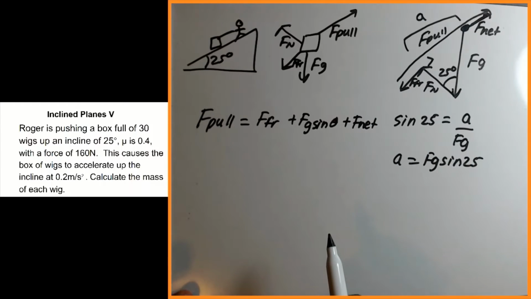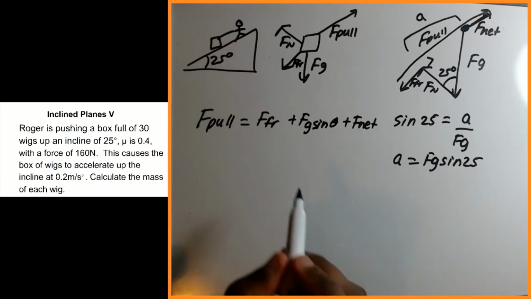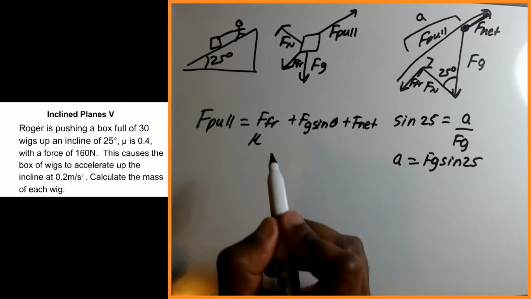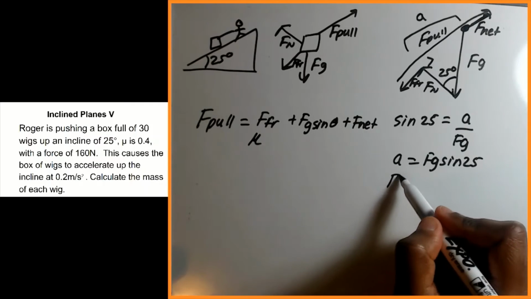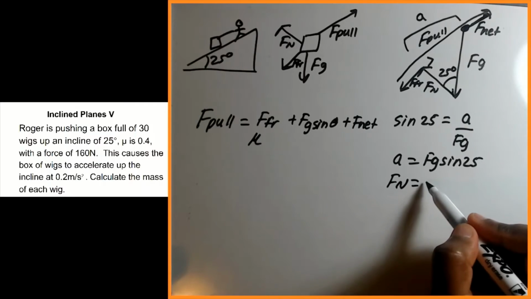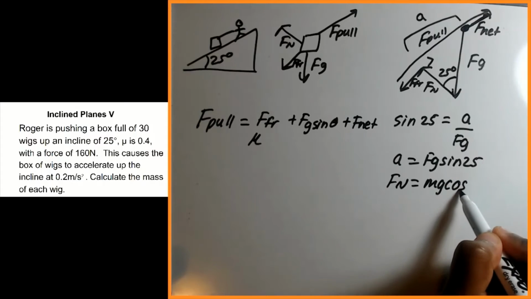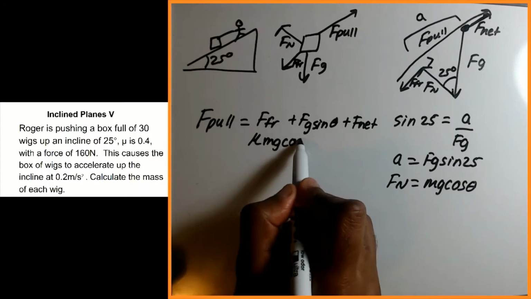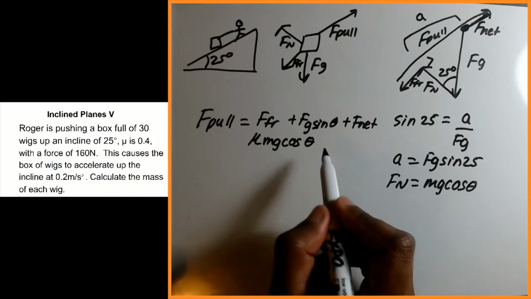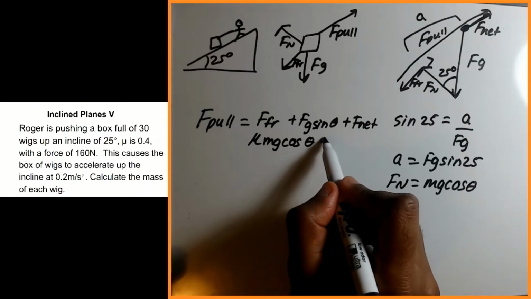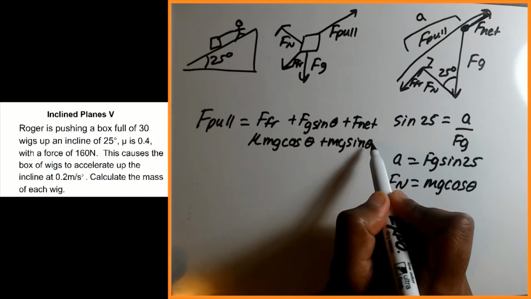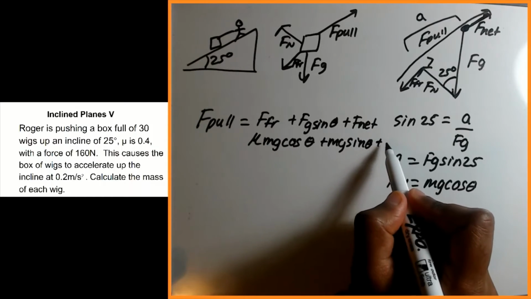All right, so next, what we want to do is to break them down into their components. So remember, F friction is just mu times Fn, and I'm sure everyone knows this by now. Fn is equal to mg cos theta. So we can write that, mu mg cos theta, plus Fg, which is mg sine theta, and then plus F net, which is just ma.